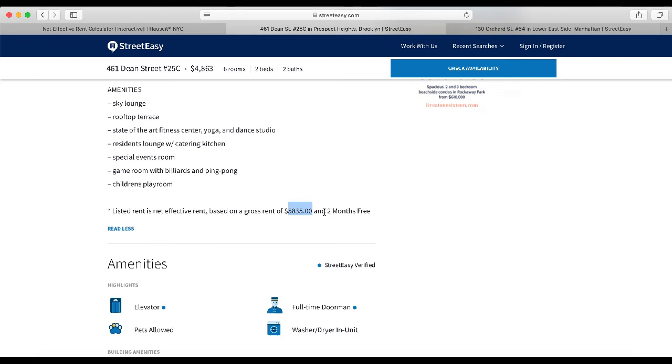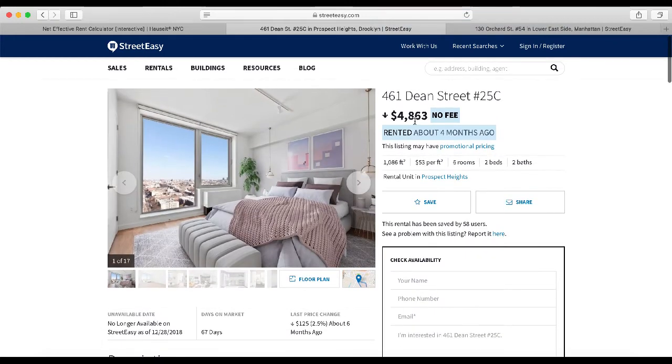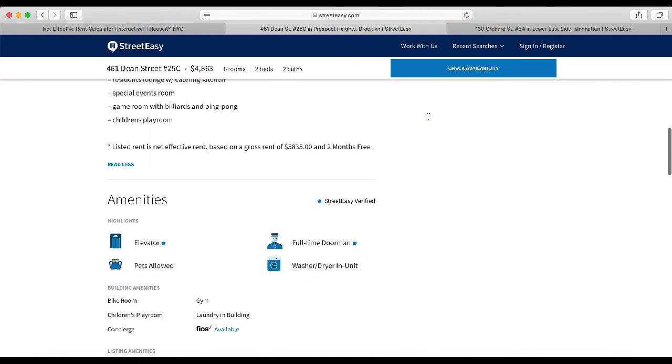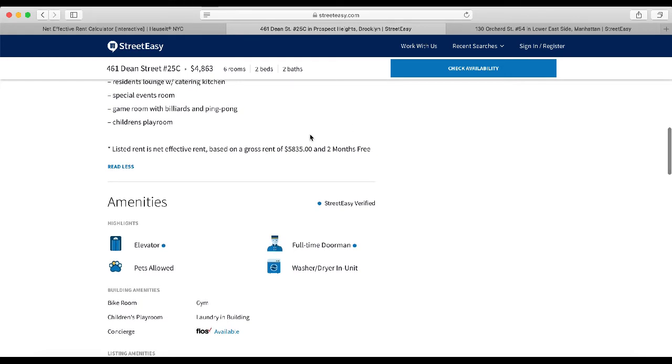So in the lease contract itself, it will say $5,835. It probably will not even mention $4,863. And then when it comes to a renewal of the lease, in theory, any increase in the rent should and really will probably be based on the gross rent. So it's just something for you to keep in mind.